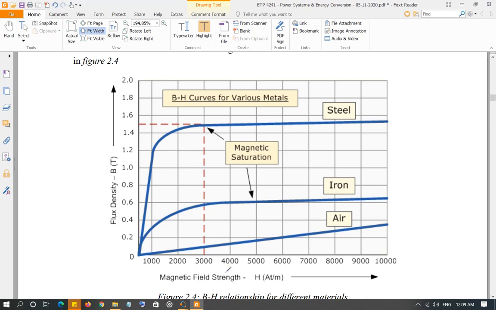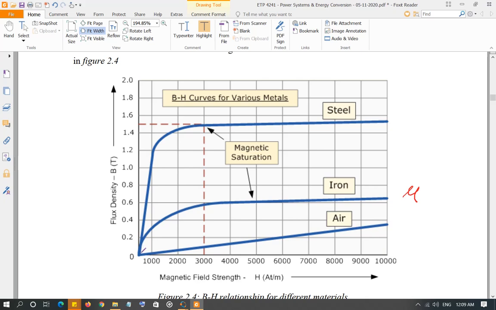From these BH curves you can figure out that if your magnetic field strength has a specific value, what will be the magnetic flux density, and from that relationship you can figure out the value of the permeability of that specific material at that specific value of magnetic field strength and flux density.